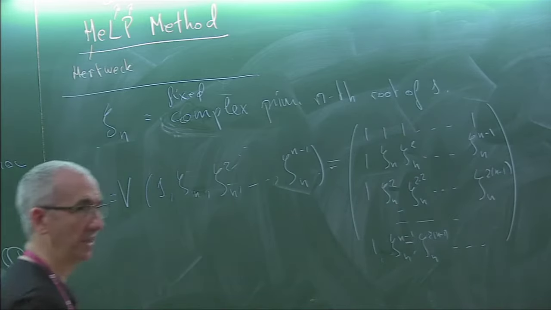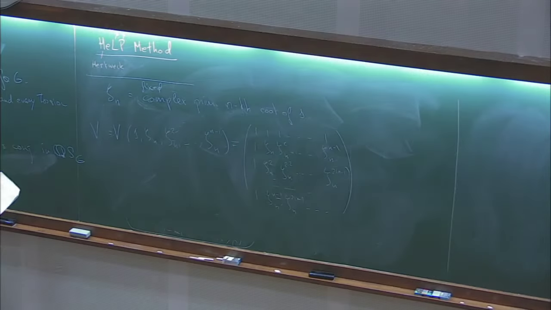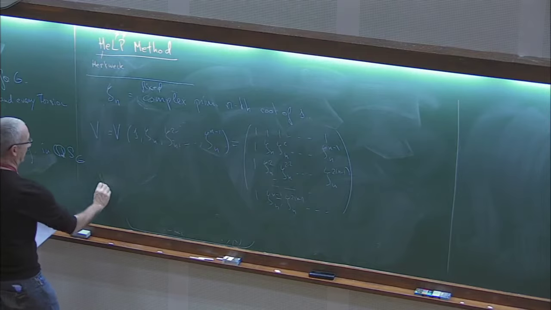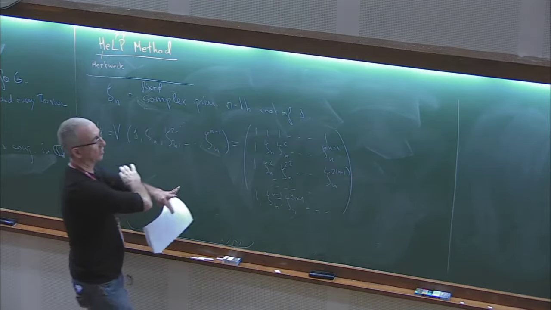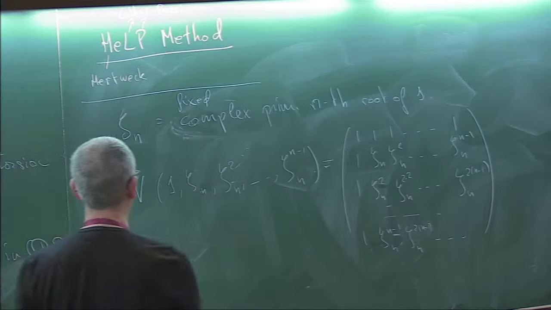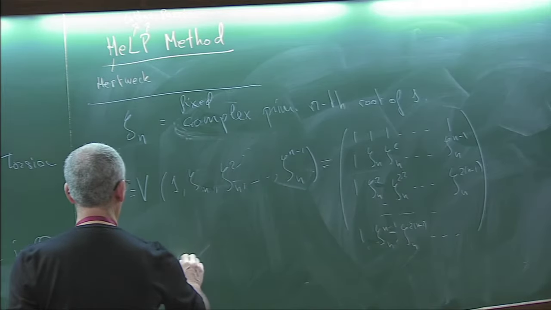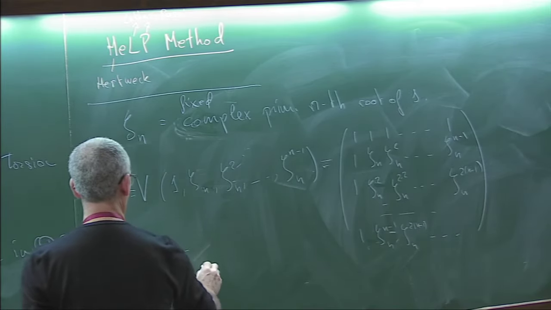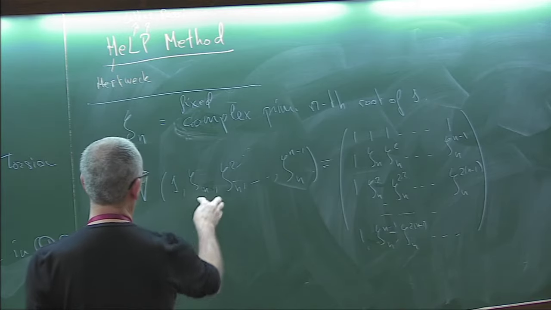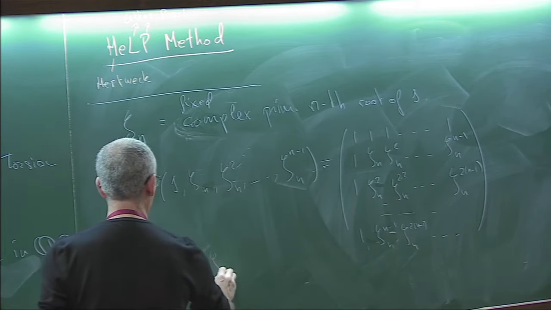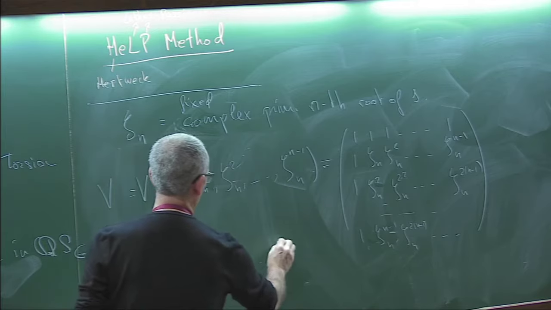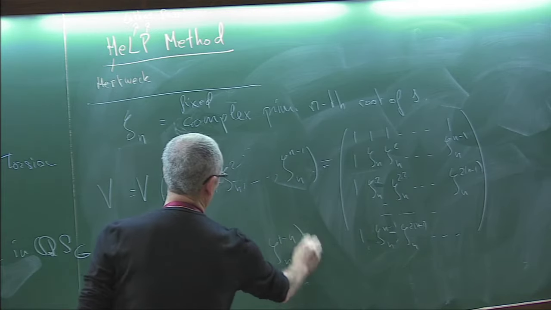So we have this Vandermonde matrix, and we take the complex conjugation. We apply complex conjugation everywhere, which is of course the Vandermonde matrix where the conjugate of each root is its inverse.